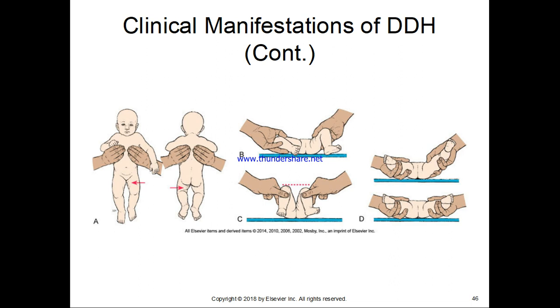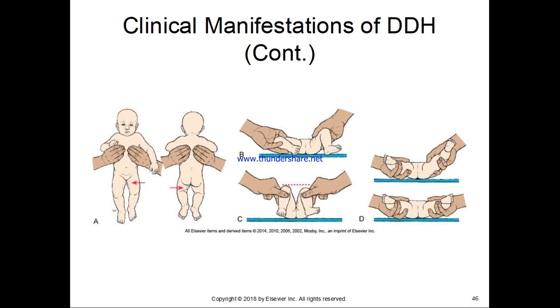And then Barlow's maneuver in the middle section there, B and C, is when you adduct it back together, and it goes back into place. But in some cases, it does not go back into place, and in those you will see an asymmetry on the level of where the knees fall.